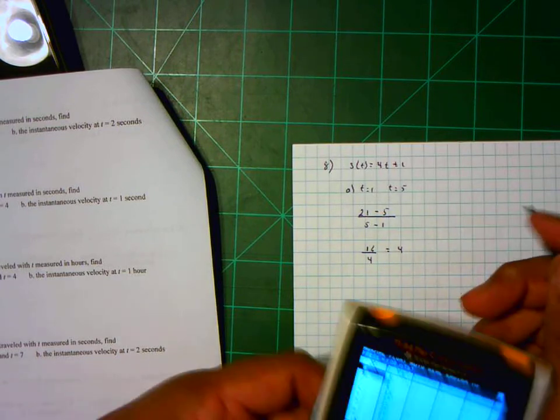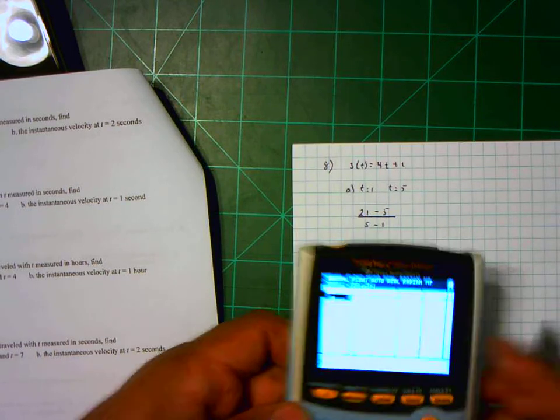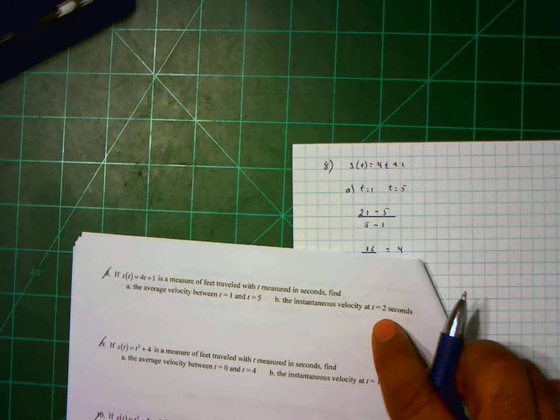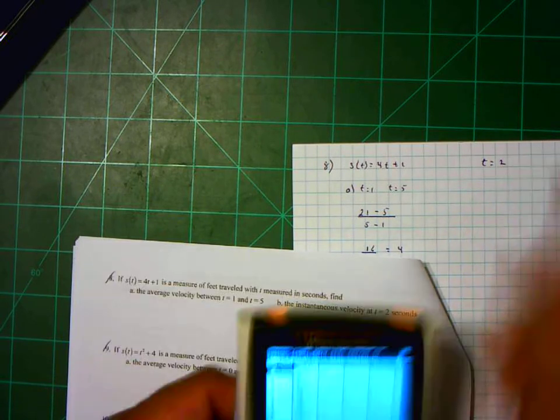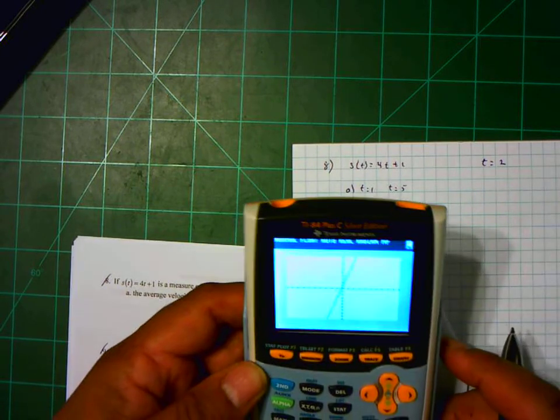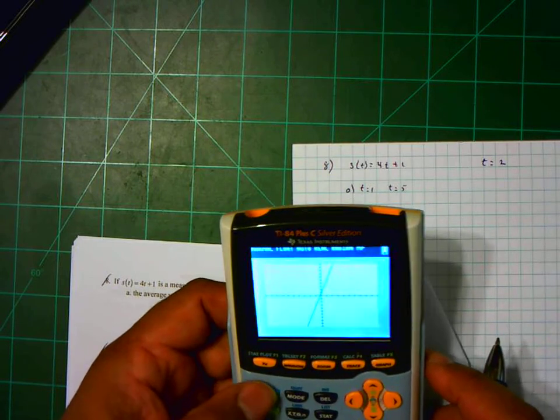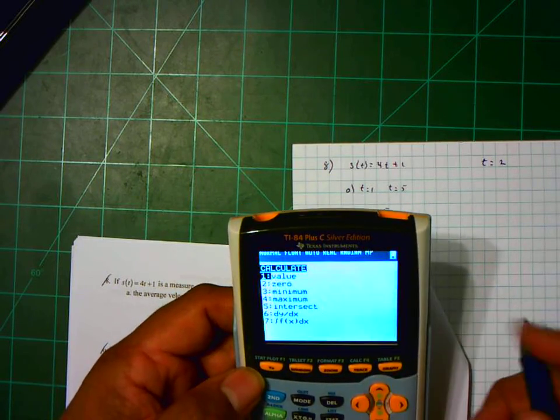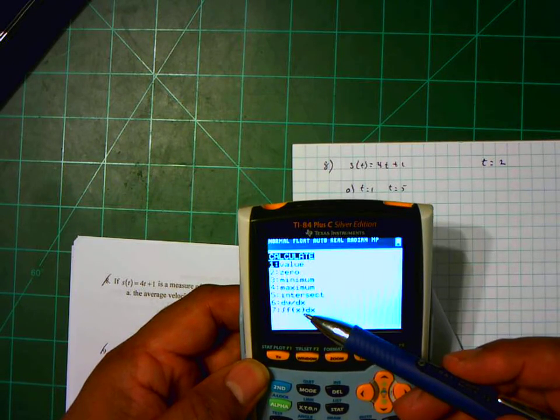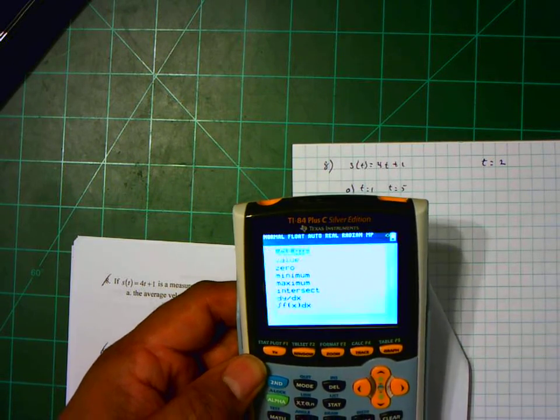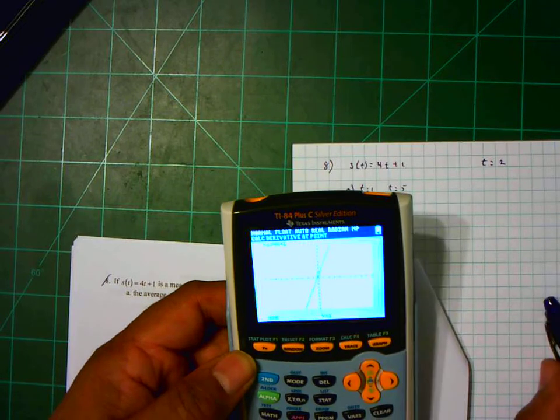Next, I want the instantaneous velocity when t equals 2. So I'm going to graph this. I'm going to go to second trace. Now what I'm looking for is the derivative. That's what dy dx means. So press 6. And then I'm going to move over to 2.